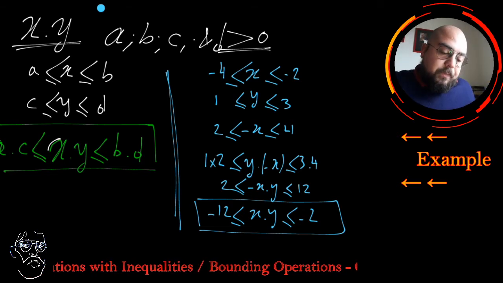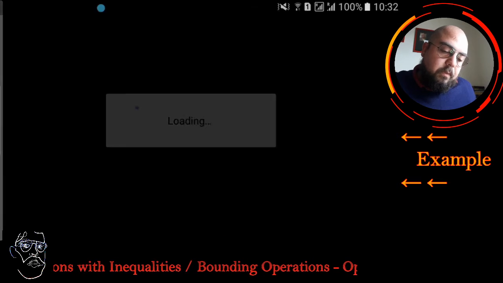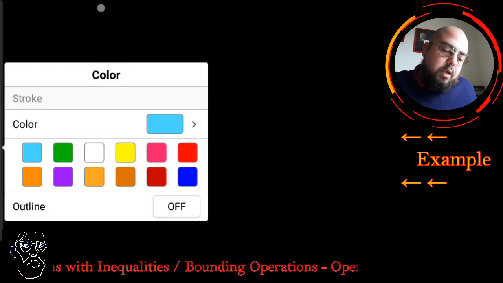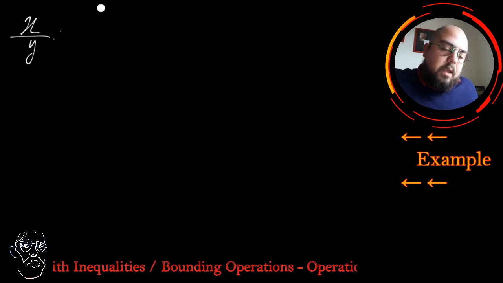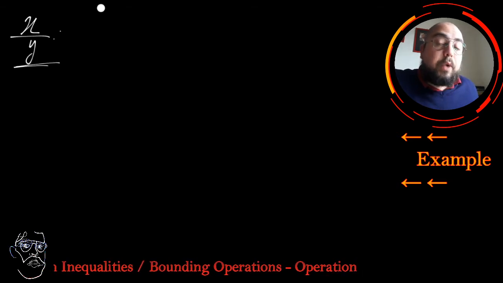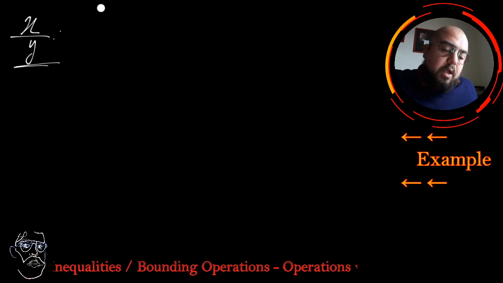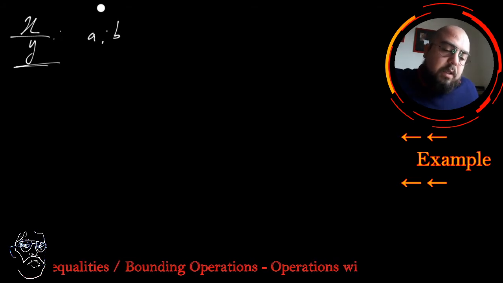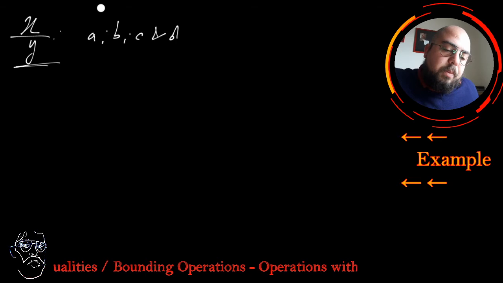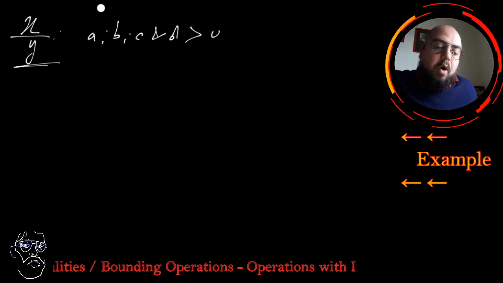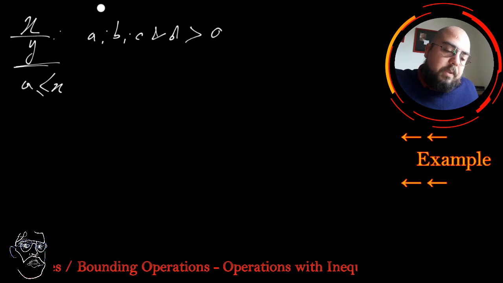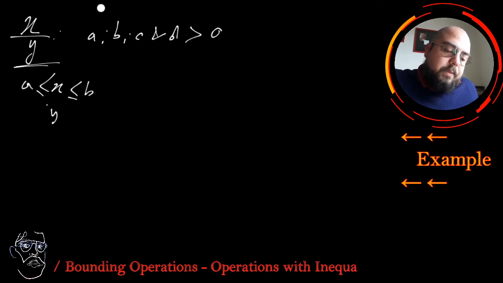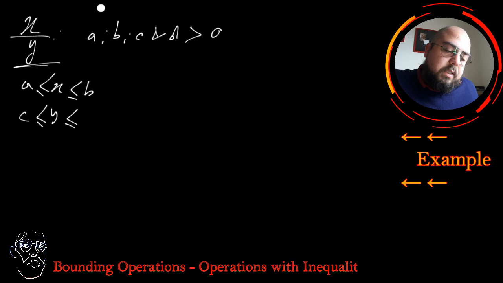The last part is related to the division. So we have x over y. Now in this case, again, we need to have the boundaries positive. So a, b, c and d should be positive in order to do this operation. So we have x between a and b, while y is between c and d.